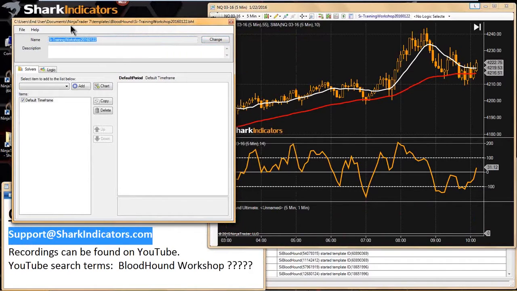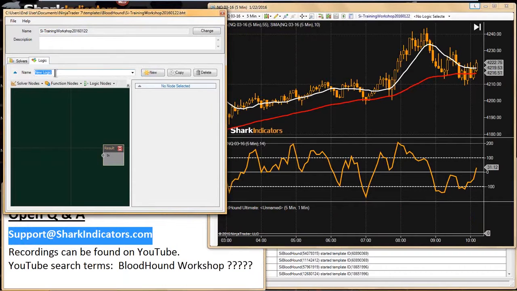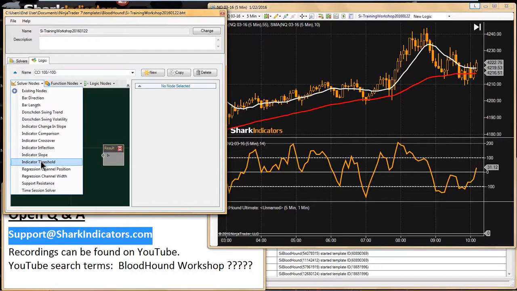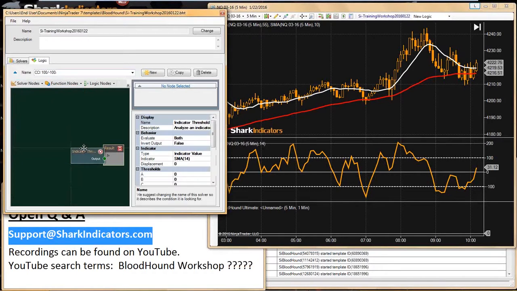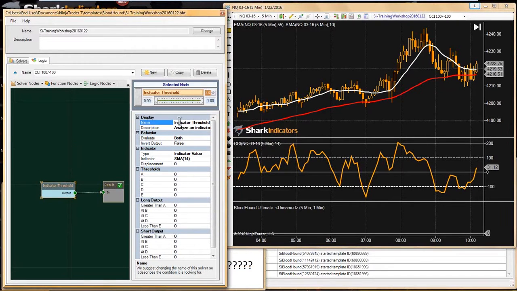Okay, so we got today's template named, and let's get a new logic template started. Let's take a look at the easier way to do this. I'm going to use a threshold solver. And let's name this here.